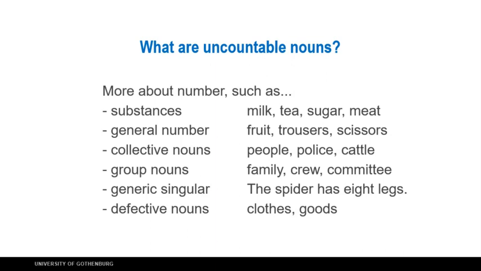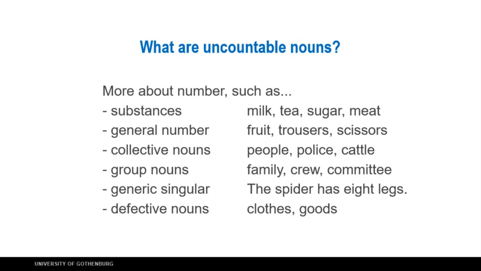There is also something called generic singular form that can be used in some contexts to denote many or rather all objects of this particular kind. So an example like the spider has 8 legs really says something about all spiders, not one particular spider.